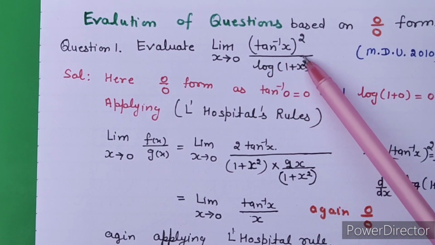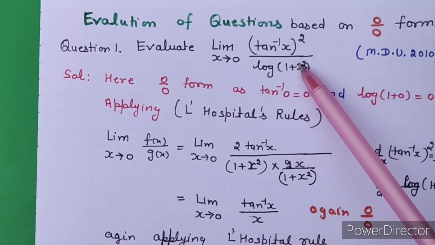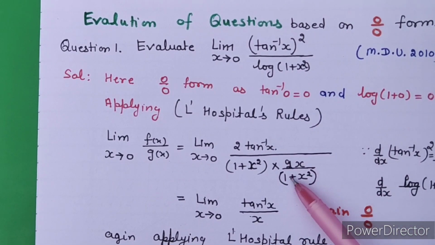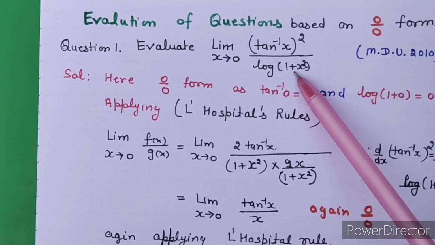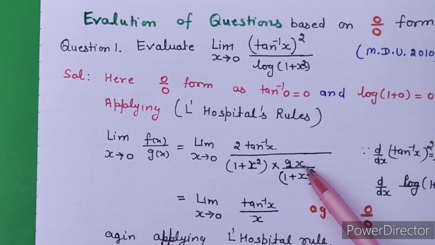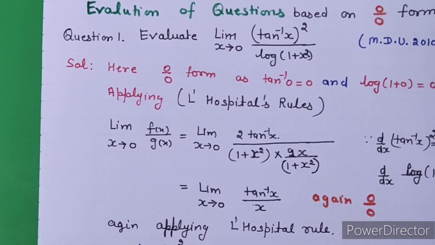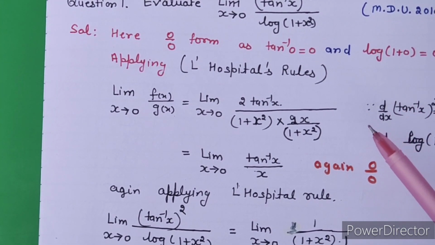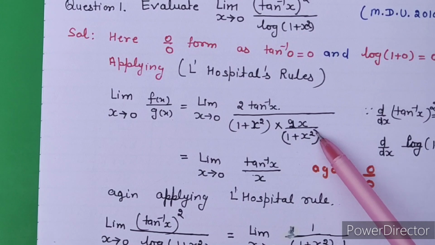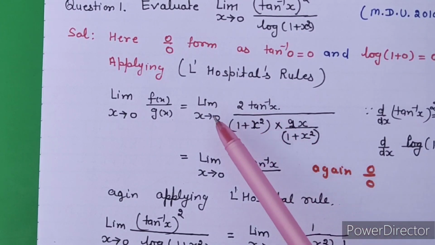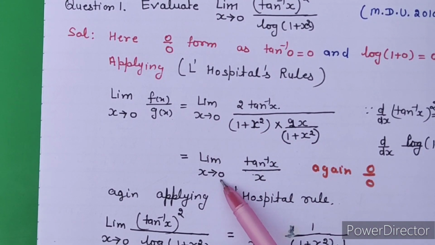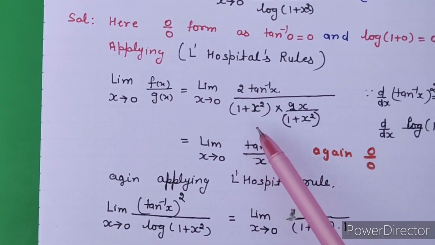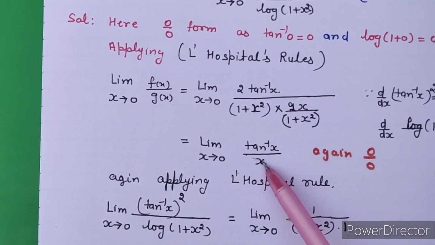Then the derivative of the denominator, log of 1 plus x square, is 1 by 1 plus x square into the derivative of 1 plus x square, which is 2x. These are the derivatives of your numerator and denominator functions. So after cancelling 2 by 2, I obtain limit x tends to 0, tangent inverse x upon x.